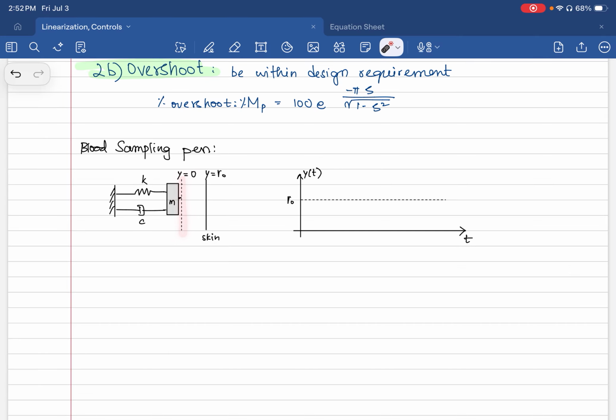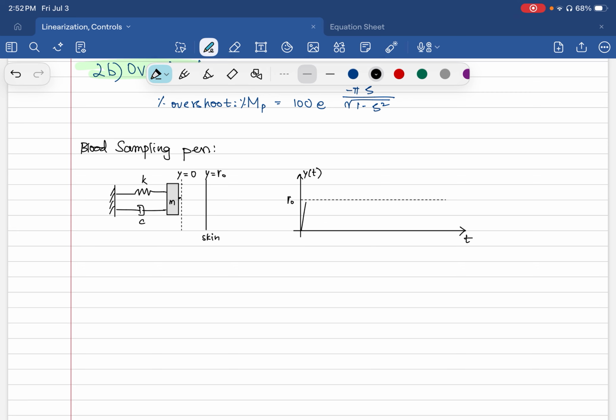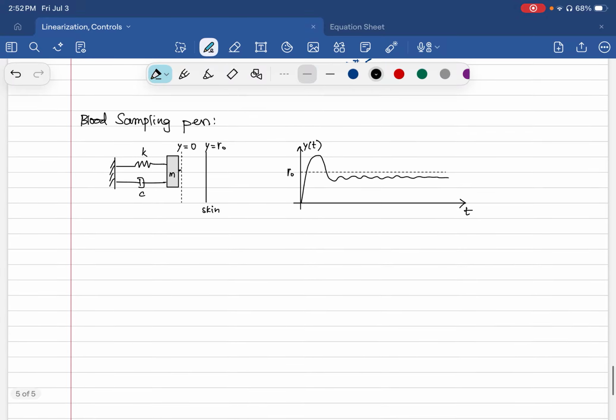So this is where the pen rests when it has been loaded, and then it will go out and it has to come back in. If you were to look at the response, it should look something like this. It pricks only once. When it comes to rest, its true equilibrium will actually be here when it is no longer loaded, outside the skin. So here is the desired behavior.